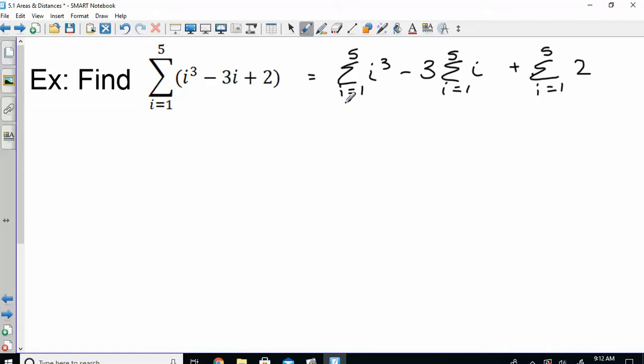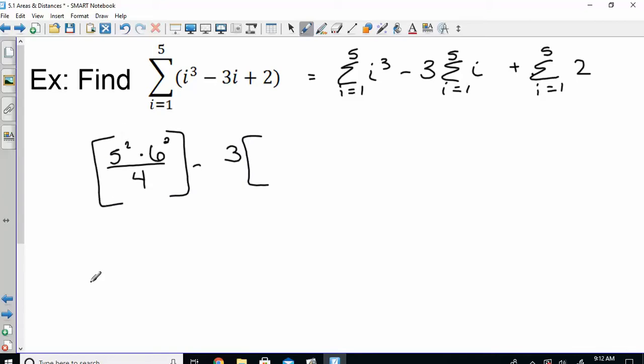So the i cubed formula, what's my n? 5. So it's n squared times (n plus 1) squared, so 5 squared times 6 squared, divided by 4, minus 3. Okay, so the sum from 1 to 5 of i.